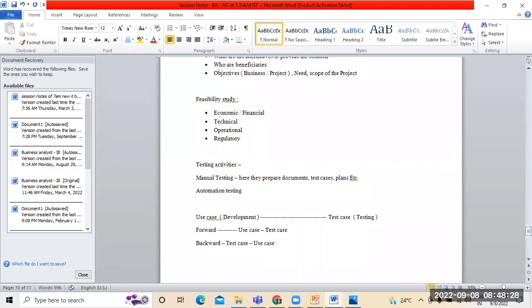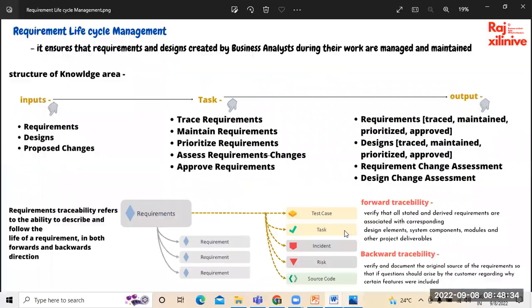So this is where the tracing of requirements has to be done. When talking about tracing of requirements in requirements lifecycle management, usually the testing team is involved, because, as I told you, the testing team is involved even in the requirements stage when they are gathered. So they prepare a matrix called RTM.